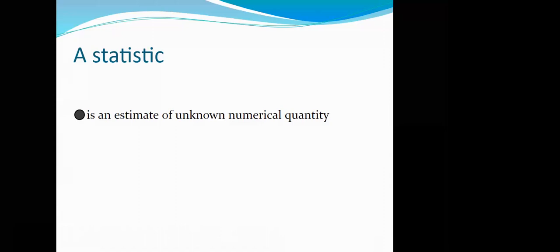Then if we look at the average height of those 100 selected students, that average is an example of a statistic. It is an estimate of an unknown numerical quantity. In this case, the numerical quantity is the height of students, and we want to estimate on average the height of all the students in that selected sample of students. So that is what is called a statistic.